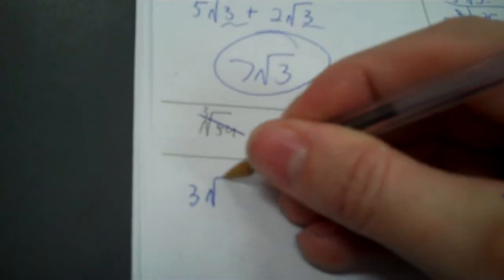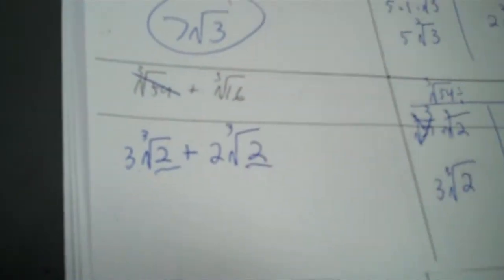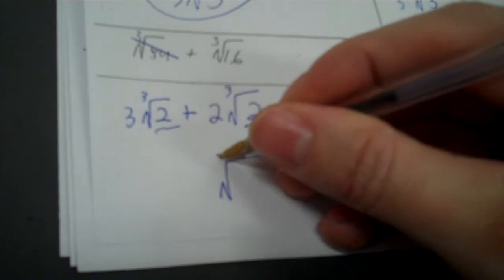So this has been simplified into 3 cube root of 2. This has been simplified into 2 cube root of 2. So mission accomplished. Underneath they're the same, so I have cube root of 2, and 3 plus 2 is 5. Okay, then this one here, that needs to be a plus. Sorry, I didn't put the sum symbol there.